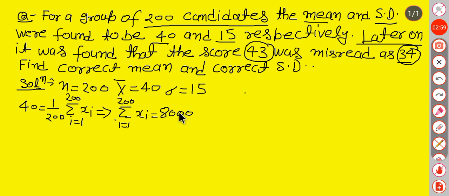Now see that here the sum of all observations is 8000, but instead of 43 it was misread as 34. So what will you do? This is the wrong one.